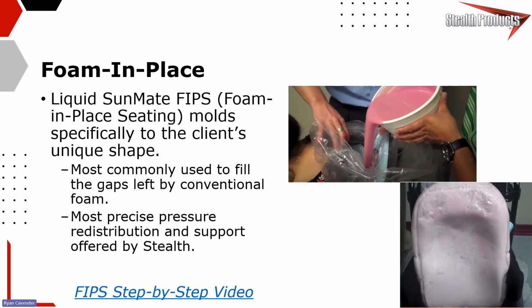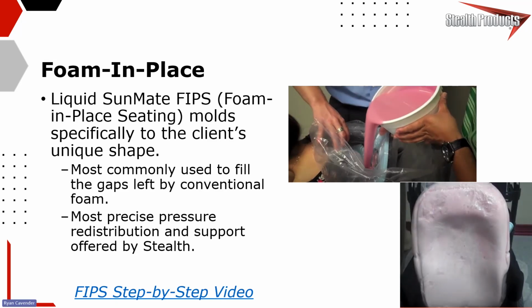First, this is a very easy product to create small voids and wrinkles with during that molding process that could then be felt by the client, starting to create pressure points. There's also some heat that is created by the chemical reaction that creates the foam from the liquid.